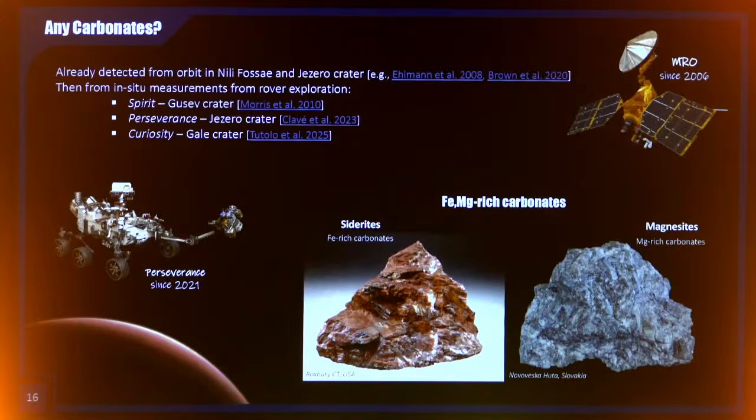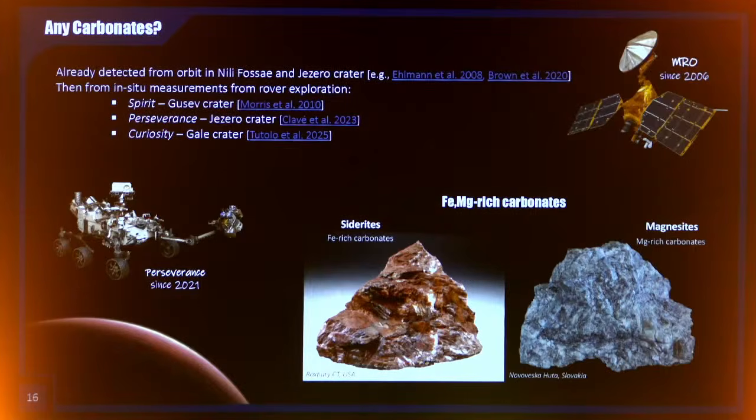I also wanted to say a few things about the possible carbonates. The work now will be to focus more on the possibility that carbonates may be more present than we think, and are just hiding amongst the other phases like clays and sulfates.